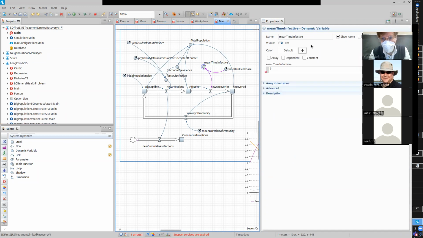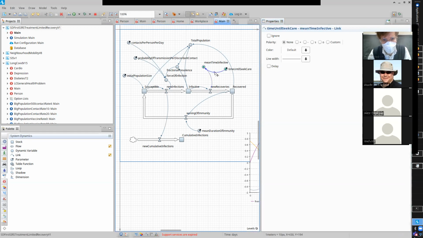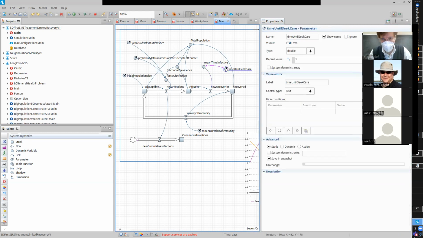So mean time infective will be equal to, for now, time until seek care. So all we've done is kind of soup it up a bit. We have a dynamic variable here, and ultimately it just depends on a parameter, but we're going to elaborate it now.